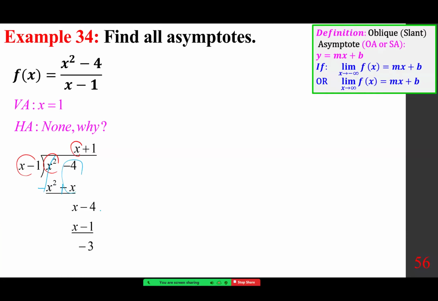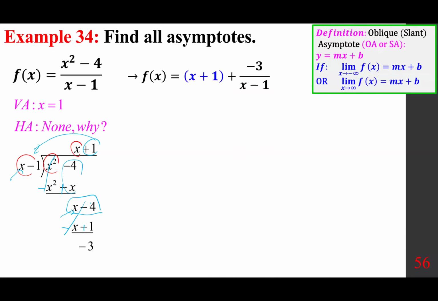And this gives you x minus 4. Then you divide x by x, and it gives you positive 1. You multiply by x minus 1, you subtract, and you're done. So x plus 1 is your quotient. So y equals x plus 1 is your slant asymptote.